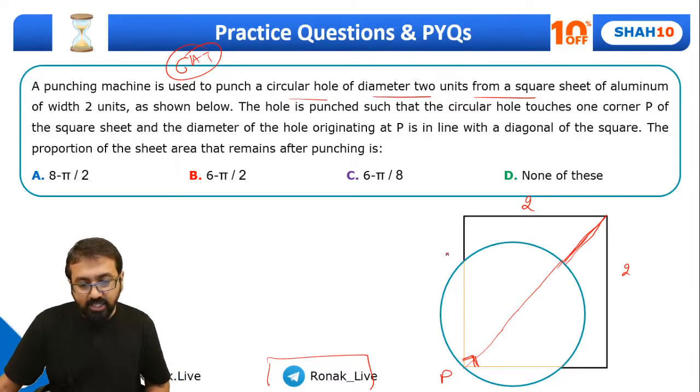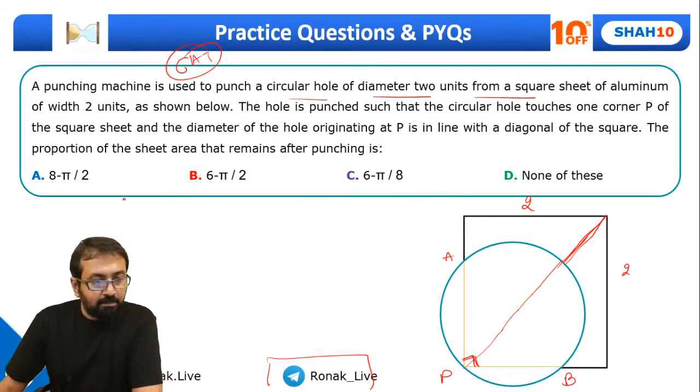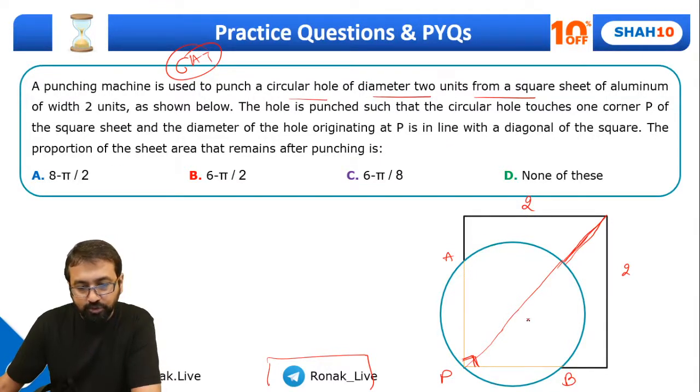If I take this point as A, this as B, and so on, this diameter is also 2 units, so we know this complete diameter is 2 units, and let me take this as the center of the circle. O is the center of the circle.